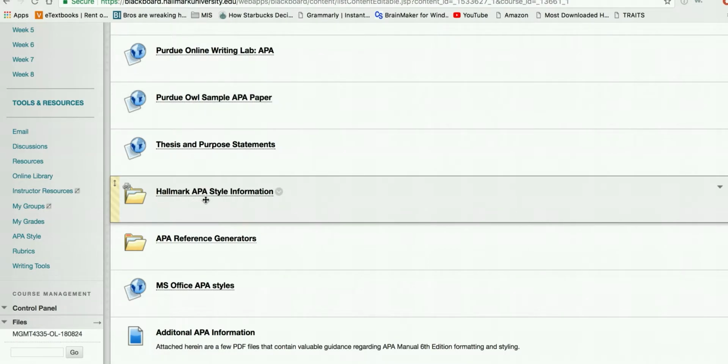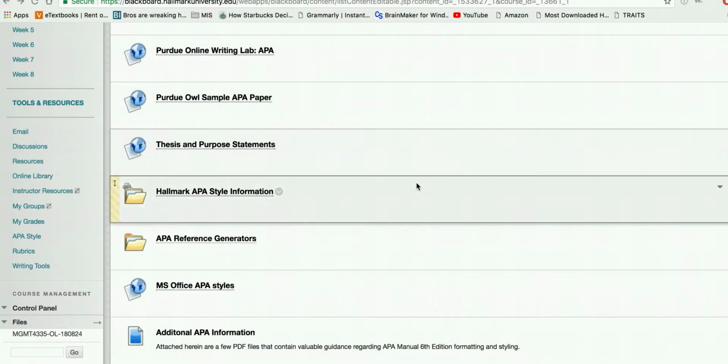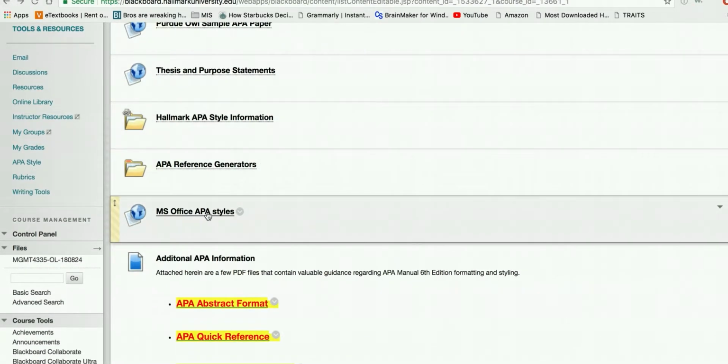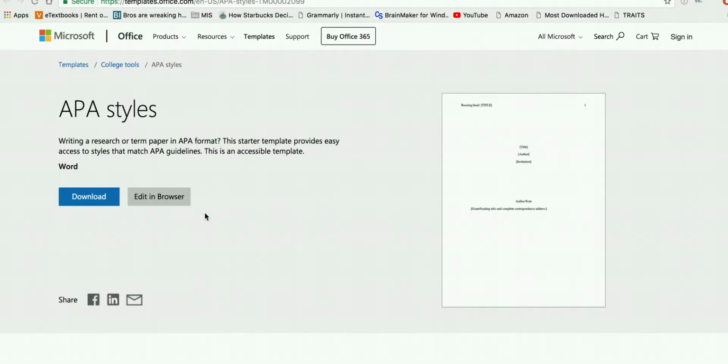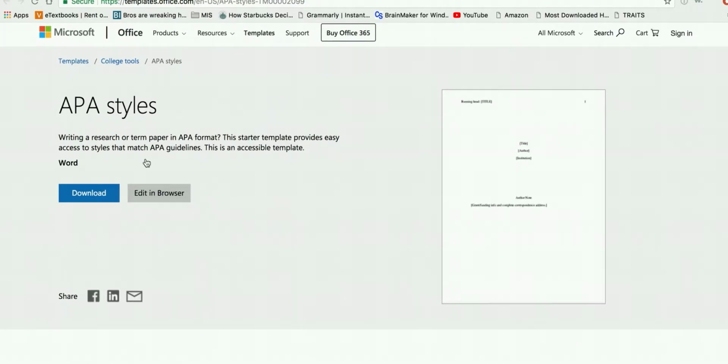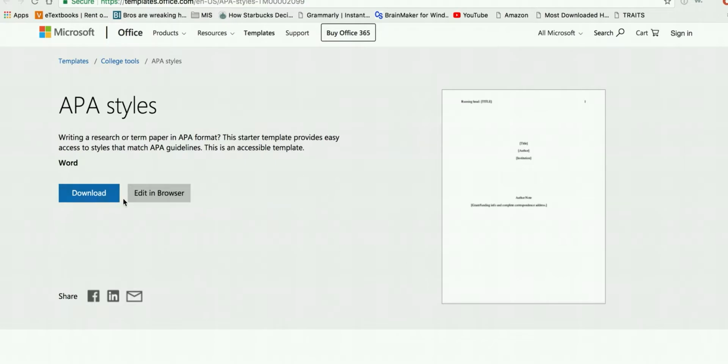There's also a link to the Hallmark APA style information. It takes you directly there, so you can look at that also. It takes you directly to the Microsoft APA style, where you can pull this down and use it as a template.